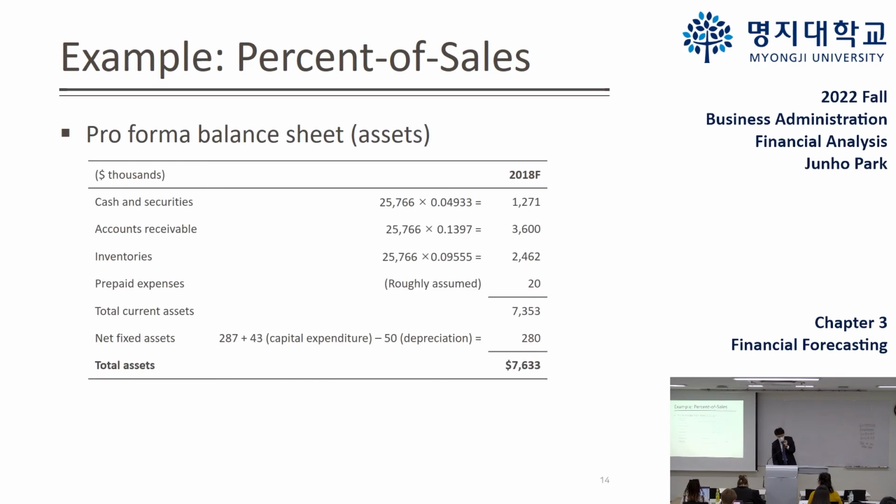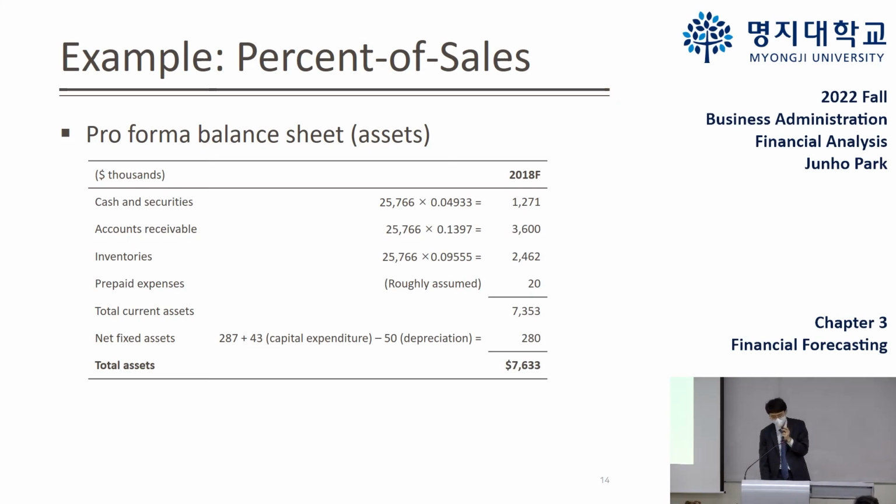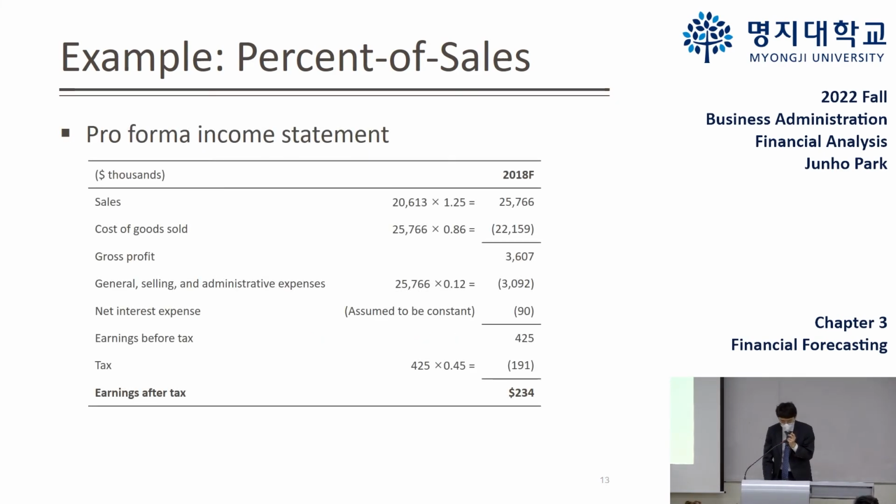So in our analysis, when we were trying to have those pro forma balance sheets, we assumed that the net interest expense will be the same, right? It will be the same as last year's expense, 90.